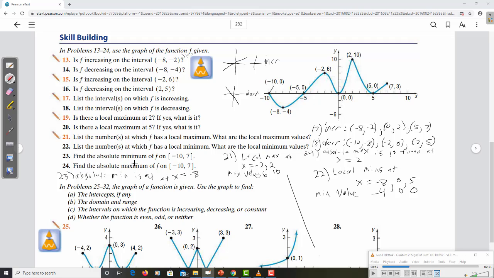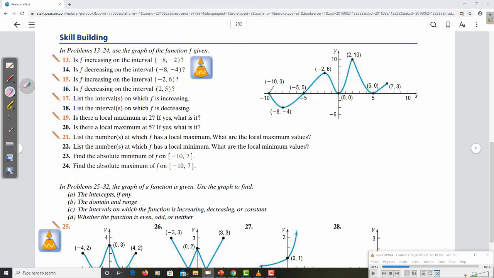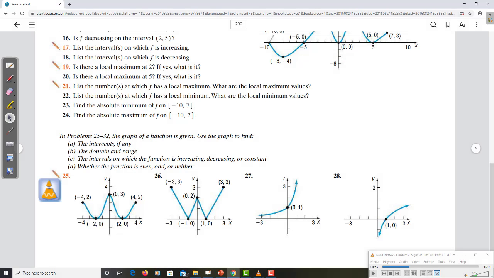And that's how the increasing or decreasing works. Let's continue on and look at some more graphs. If you look at these, you can look at intervals in which the function is increasing, decreasing, or constant.